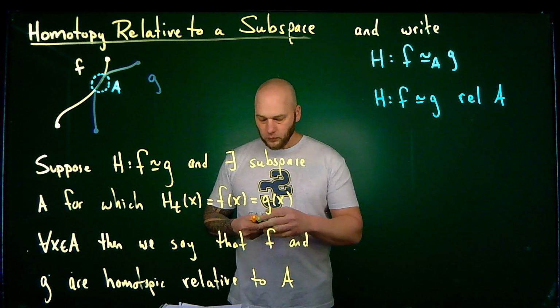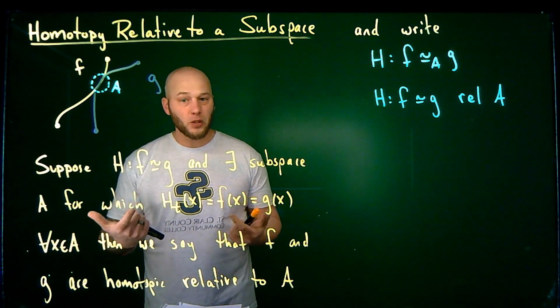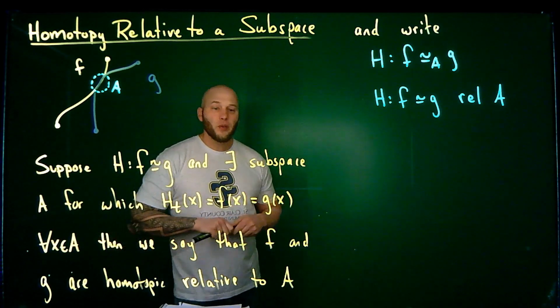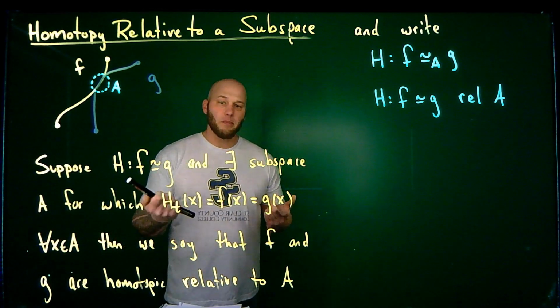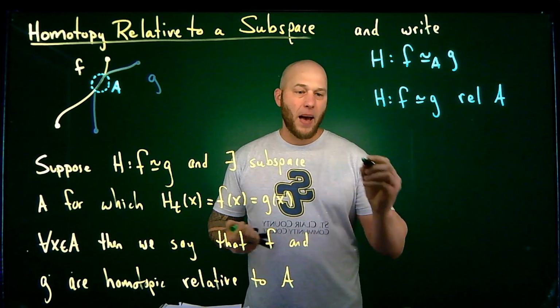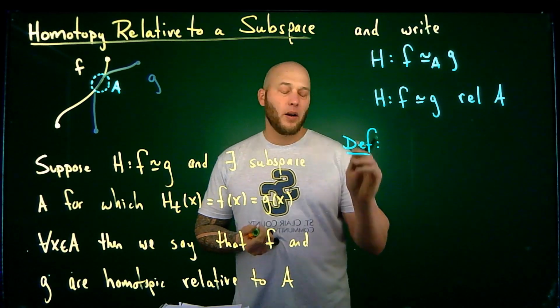All right. Now, one of the most important types of functions between topological spaces that we are going to consider throughout these discussions is something I've already mentioned called a map. But let's give a definition for what a path is.